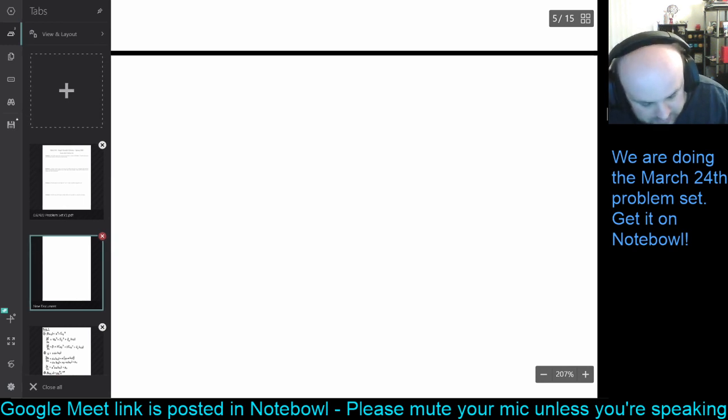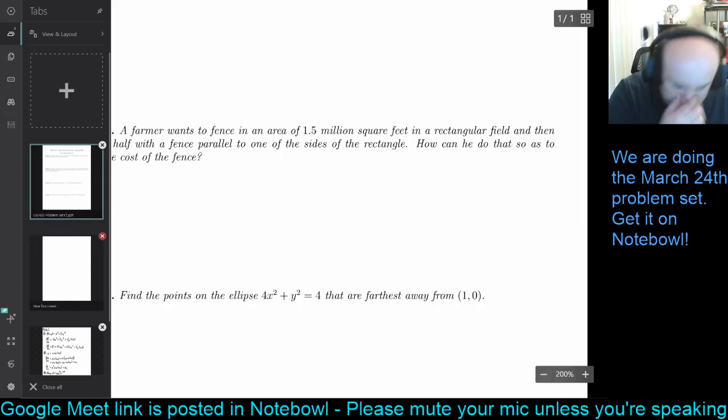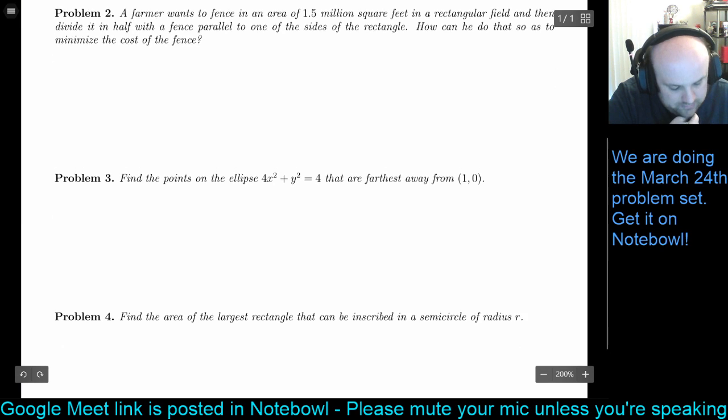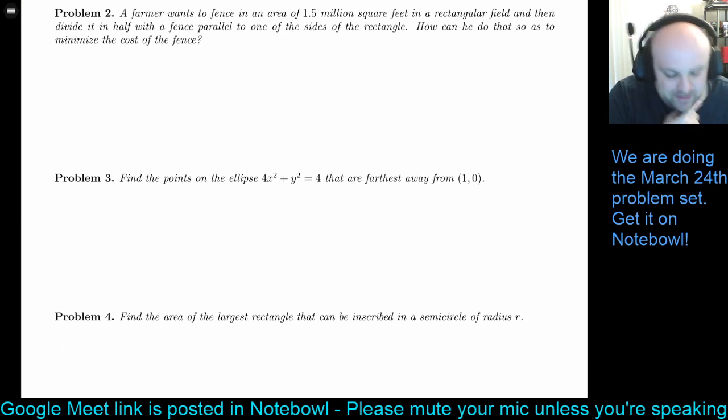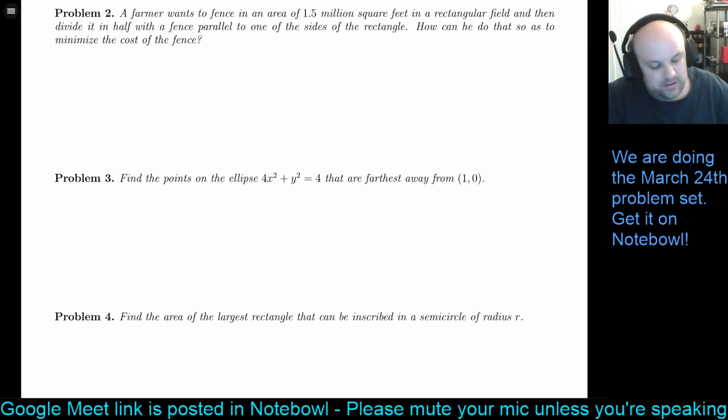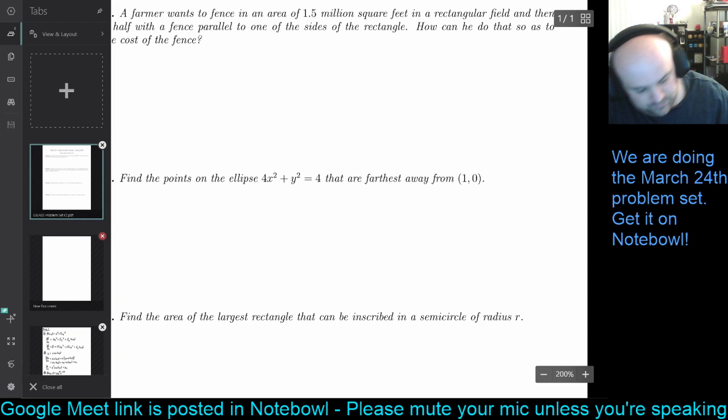Right. So let's see, what is problem 3? Oh, this is the more geometric one. Right, so I want to find the points on the ellipse that are furthest away from this point 1, 0. Right. So let's see here.